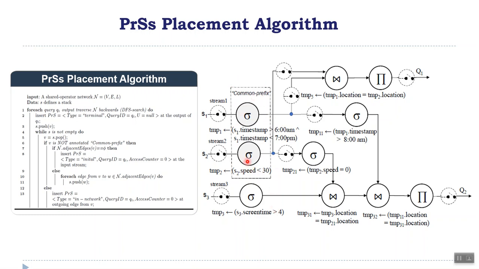We assume that the data stream management system, specifically the query optimizer, will be able to identify and annotate those operators as common operators during the process of building the network from the beginning. And so the in-network privacy switches are inserted right after the branching out from the common prefixes. And then finally, for every input stream, we insert the initial privacy switch.